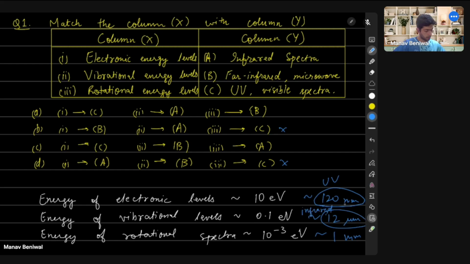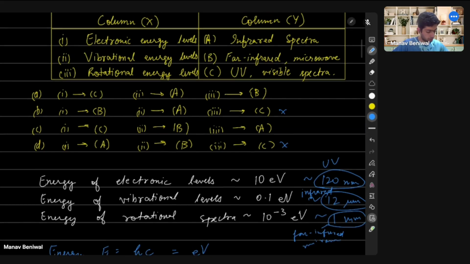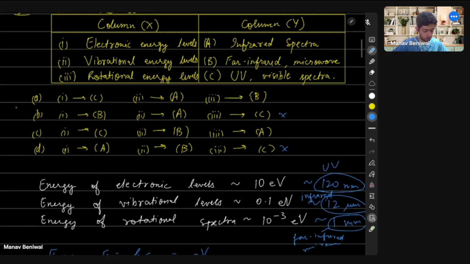And finally, this is 1 mm, so this is far infrared or microwave, which means option 2 goes away, so this is the correct option.